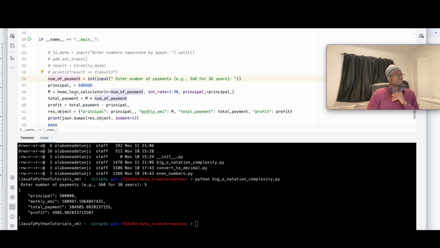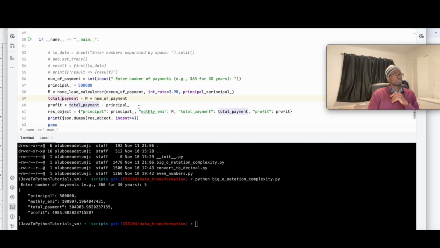So when we compute that, we're going to get the M monthly. The monthly payment times the total number of payments will give us the total payment we have to pay. So if you are paying, let's assume 2,000 for 60 months, which is 5 years, the total payment will be each month times the total number of months. That will give you the total payment.